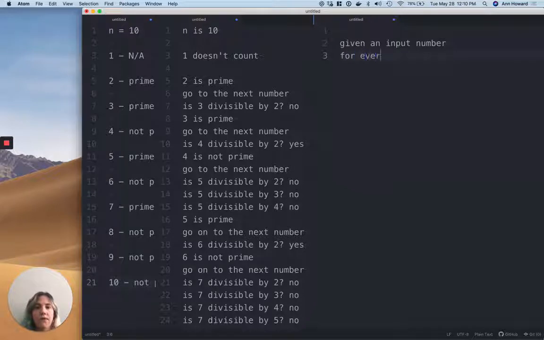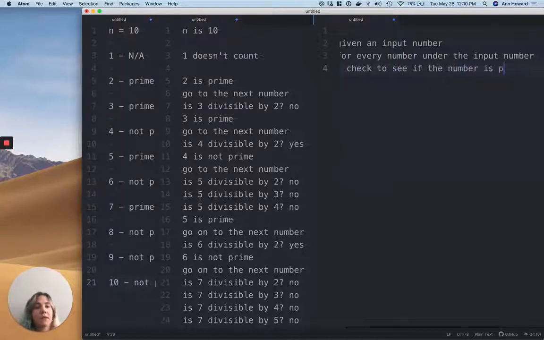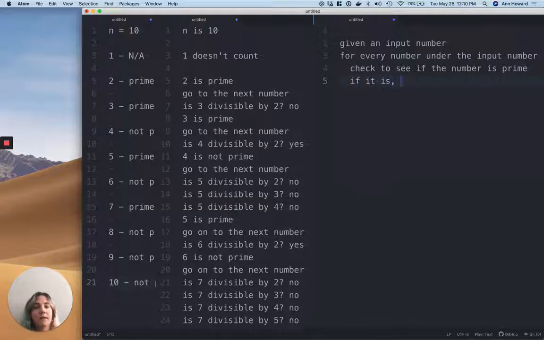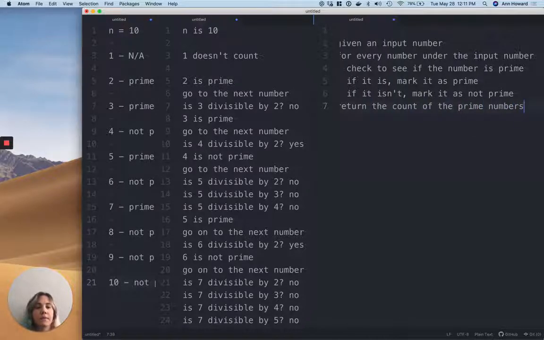So for every number under the input number, check, and then I'll just put an indent just to kind of mentally know, oh, this is inside the loop, right? Check to see if the number is prime. If it is, mark it as prime. If it isn't, mark it as not prime. And then at the end, return the count of the prime numbers.